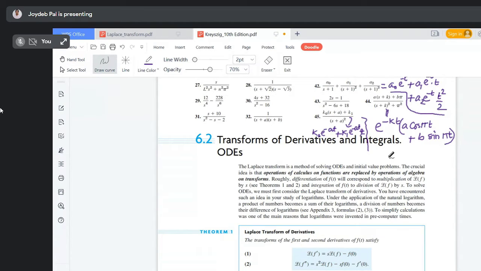Okay, to solve an ordinary differential equation, Laplace transform is a tool. Or is an essential tool, you can say. Why is it essential?